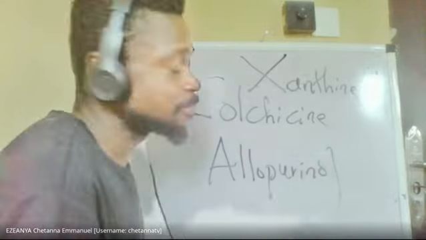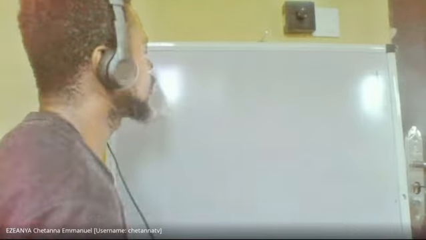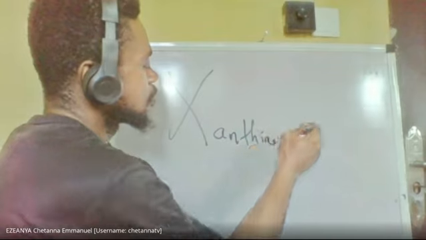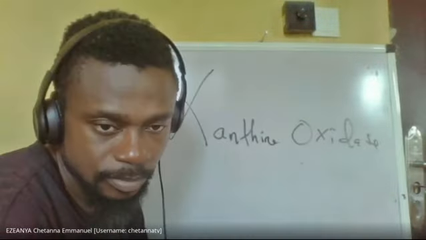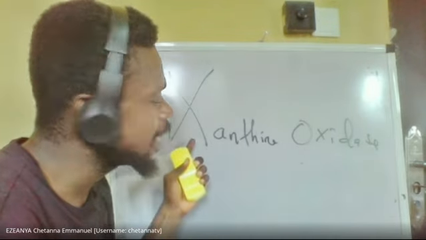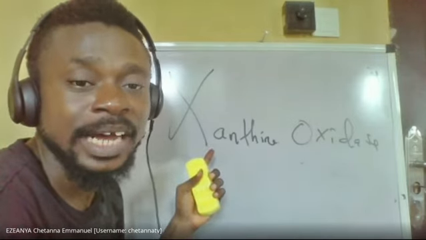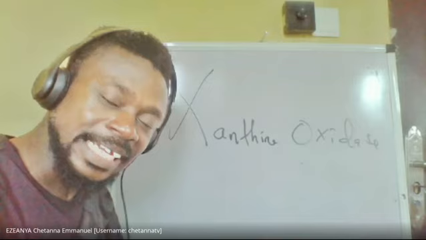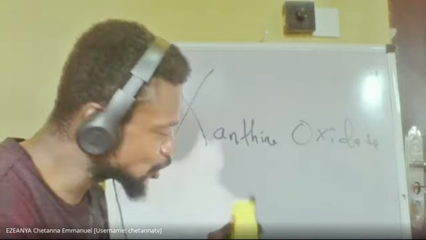Xanthine oxidase is an enzyme. So if this enzyme is inhibited, synthesis of uric acid will be prevented, because it is the accumulation of uric acid to form crystals that leads to gouty arthritis.